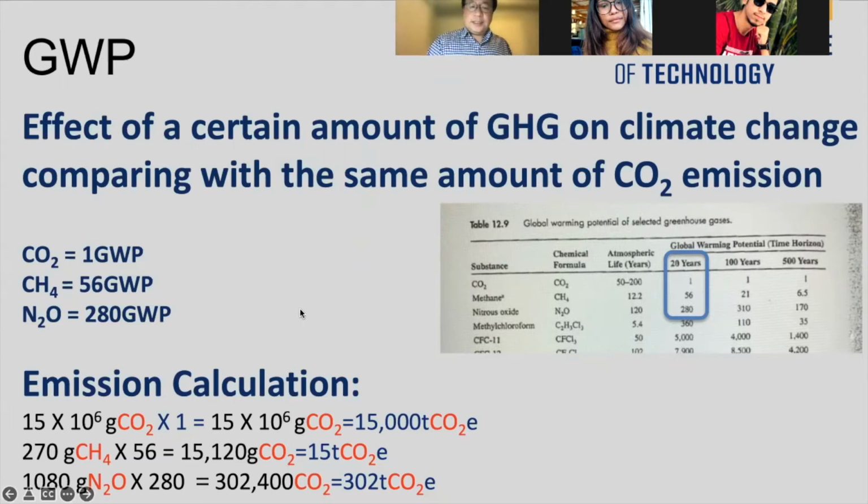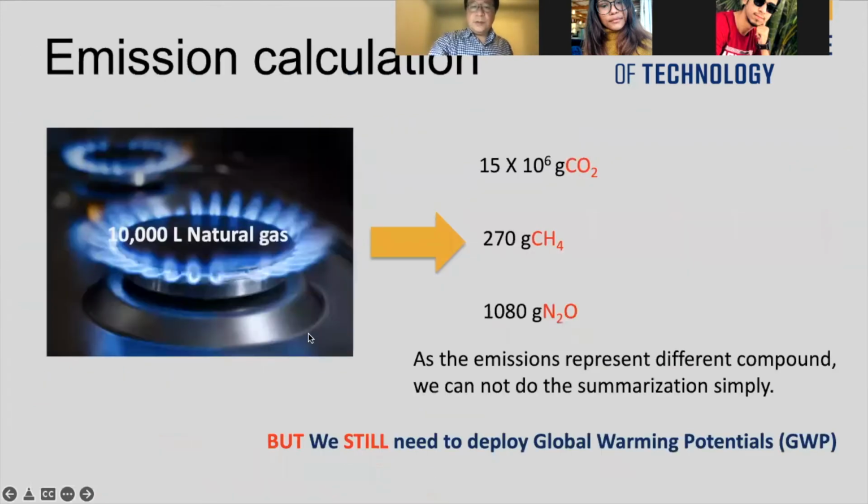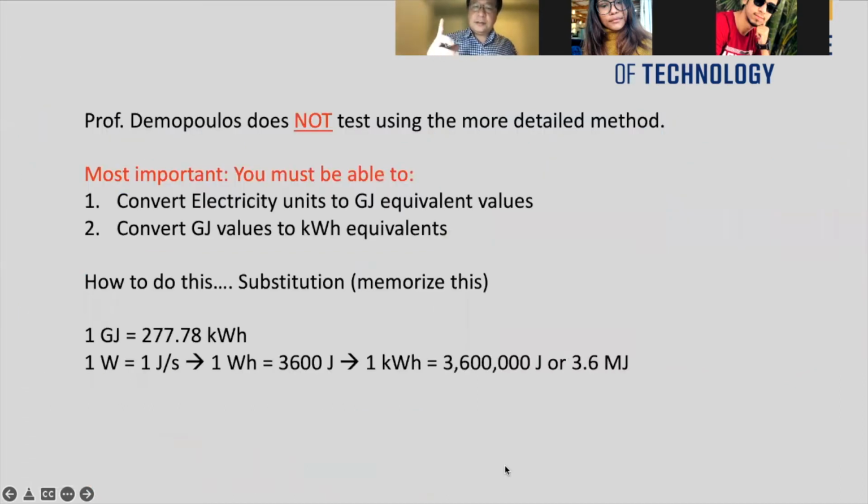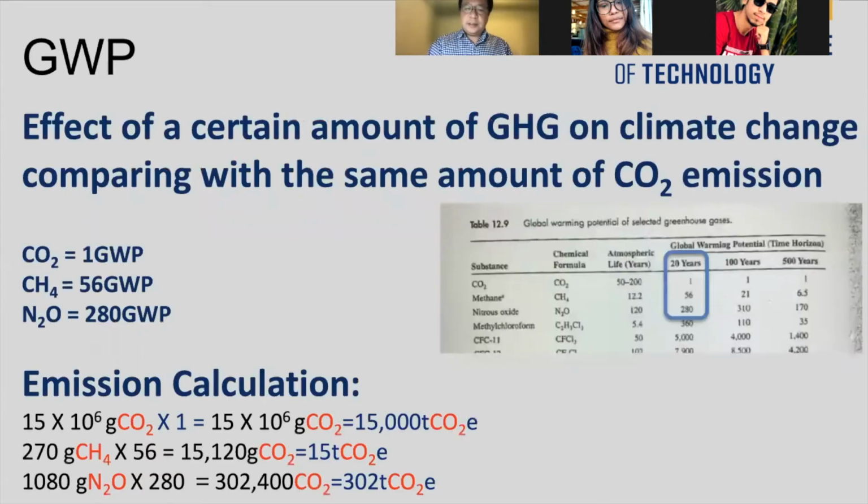As in this example, we have these three figures for three different compounds. We can simply make use of this ratio and standardize all the emissions into carbon dioxide, and the one outcome we will have is carbon dioxide.